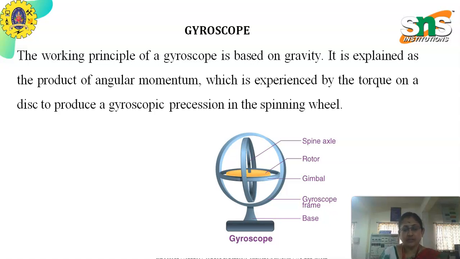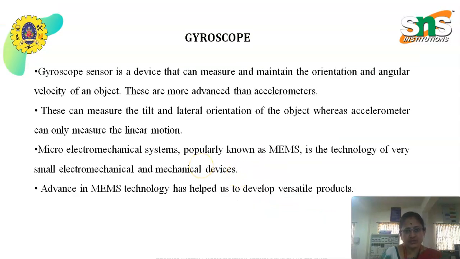The working principle is based on gravity, and it is the product of angular momentum experienced by the torque produced by gyroscopic precession due to the rotation of the spinning wheel. The gyroscope sensor is used to measure or maintain the orientation and angular velocity of the object.